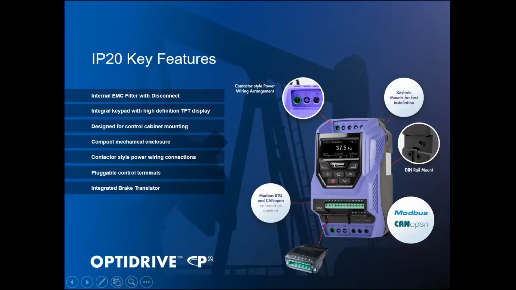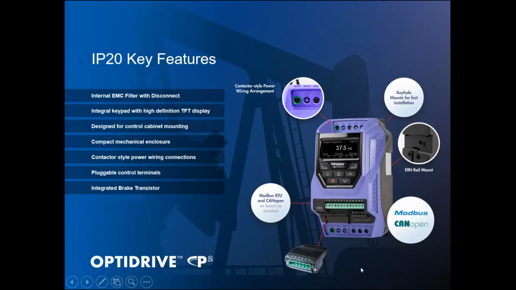As you can see here, there are some really common features. For example, the DIN rail mount is available, as well as the screw mount. The Modbus and CANopen are embedded in the RJ45 port as standard.